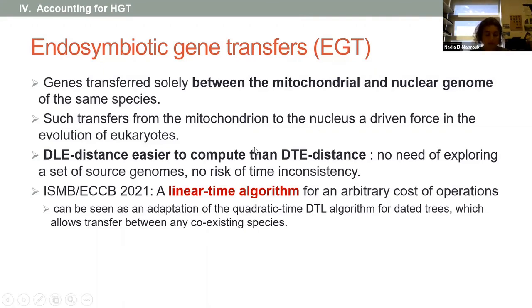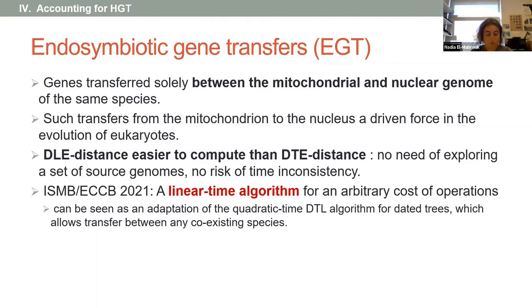And the DLE distance, so the DLE for duplication, loss, and EGT, with this restricted type of horizontal gene transfer is easier to compute than the DTL distance, as there is no need of exploring a set of source genomes, nor is there a risk of time inconsistency.